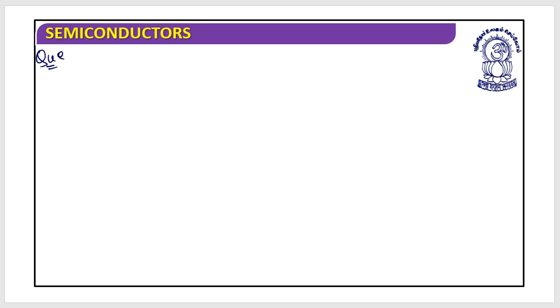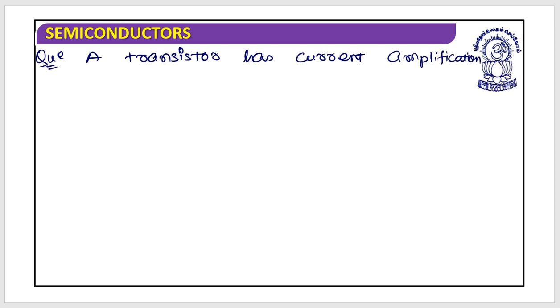The question says that a transistor has current amplification factor of 60 in a CE amplifier.